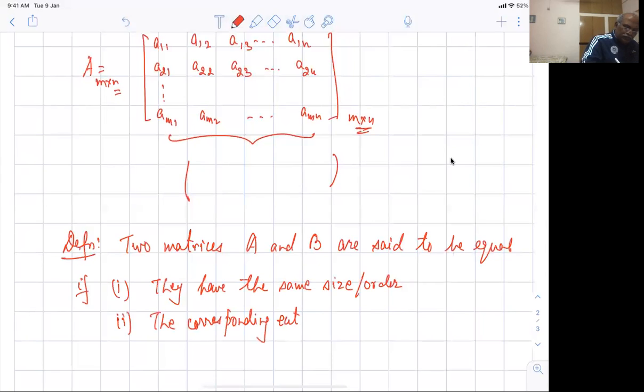Corresponding entries must be equal. This is very important for us.